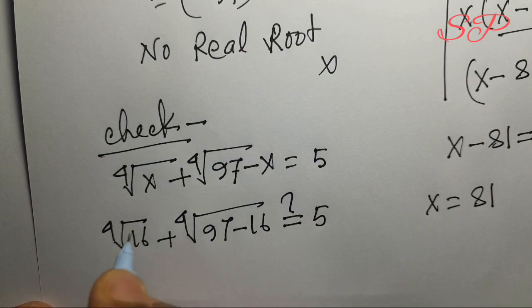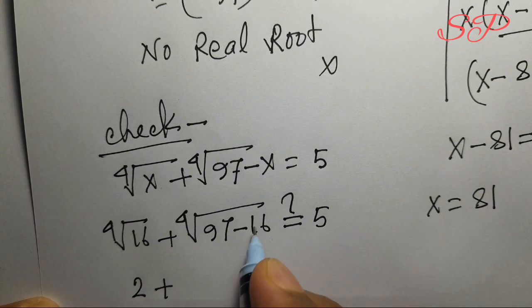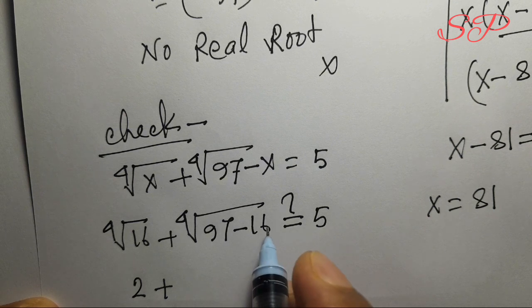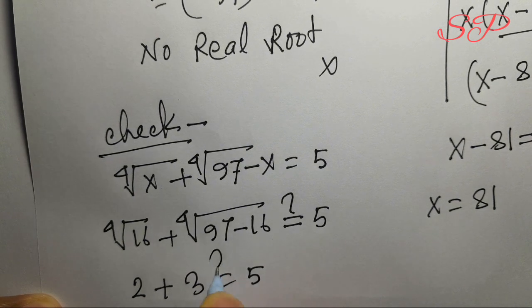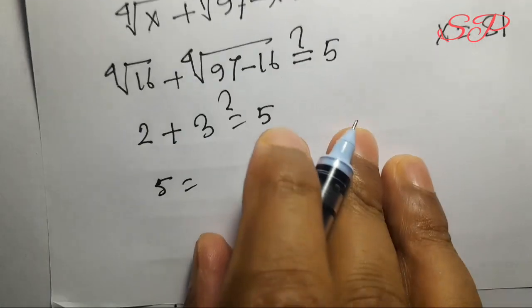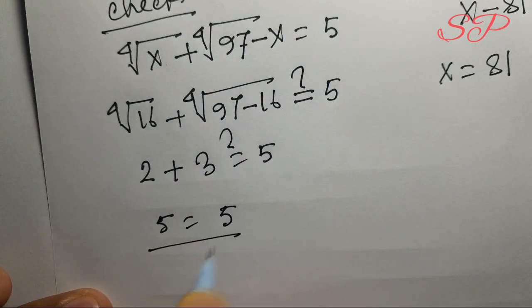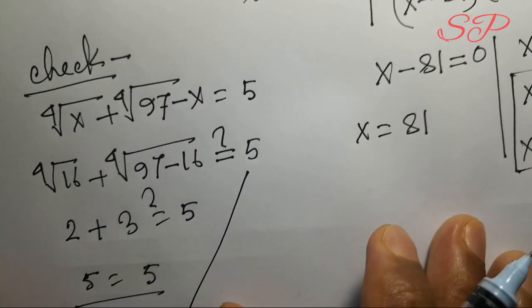Here 2 to the power 4 is equal to 16, so the fourth root and 4 cancel. 97 minus 16 is equal to 81. 3 to the power 4 is equal to 81, so the fourth root and 4 cancel. So 2 plus 3 is equal to 5, so 5 is equal to 5. So it is the solution of this equation.